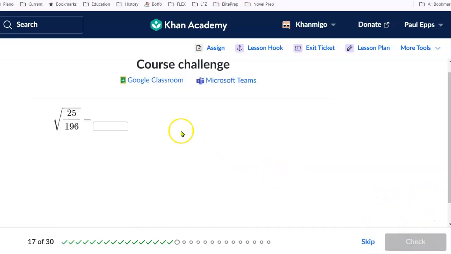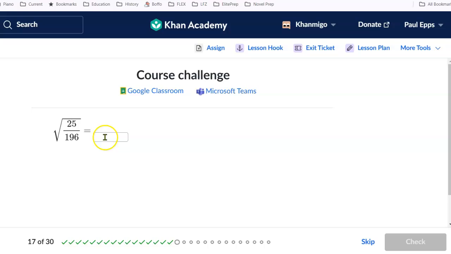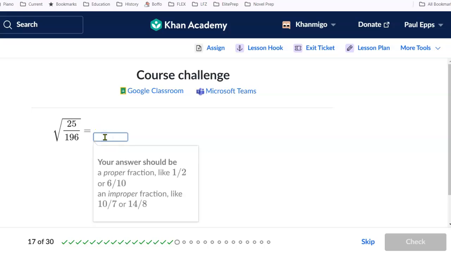Square root of 25 over square root of 196. Well, we don't get a calculator here, but I know what the square root of 25 is. It's 5. And then is there a square root of 196? 15 squared is 225.